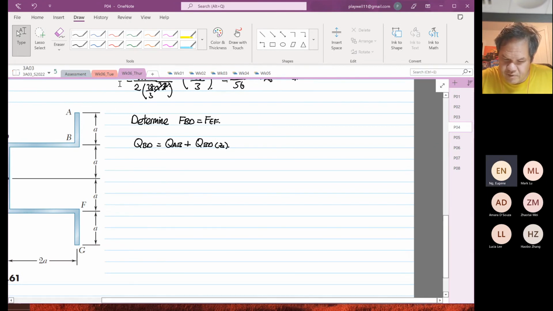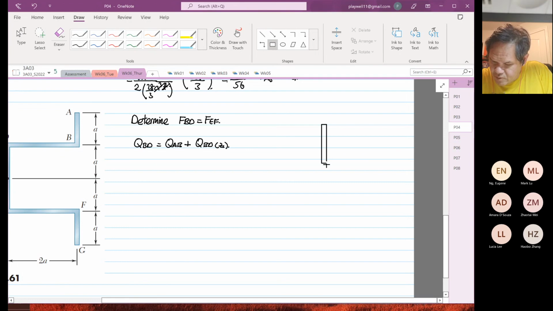So we have our A, and then we have to include our 2A now.